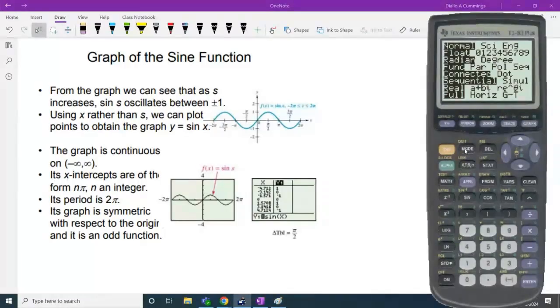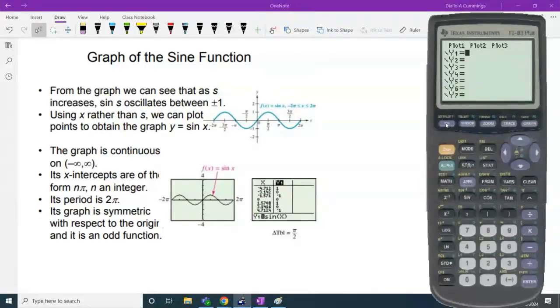Now the calculator is not so much an important part in this one, but in the next one you can go in, especially with the discontinuous functions. All right, so I'm in radian mode. I want to go back to y equals, and I'm just going to put in the sine of x and graph.